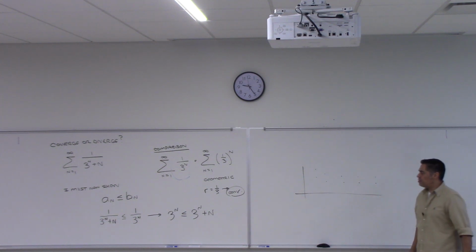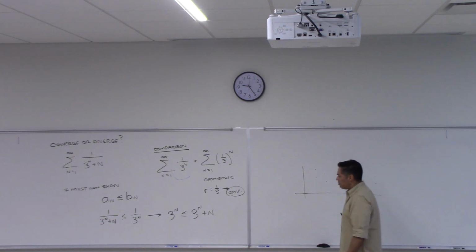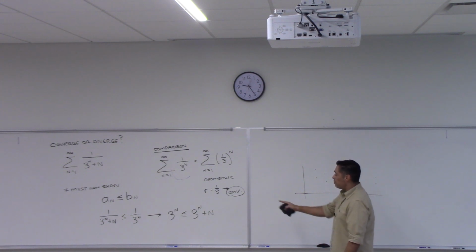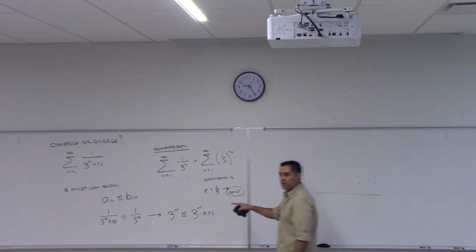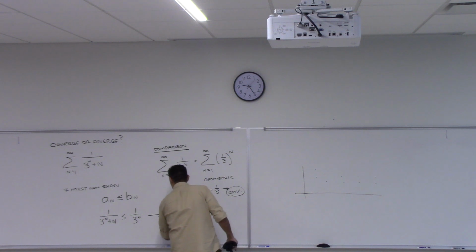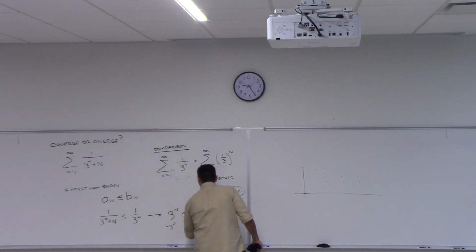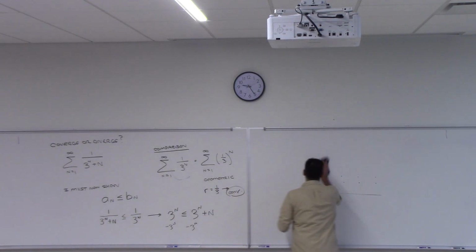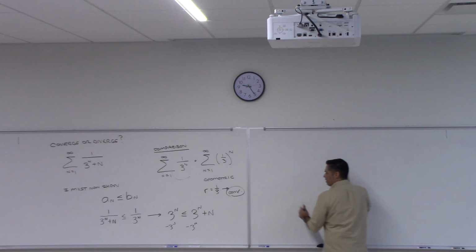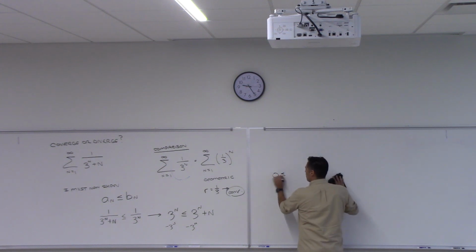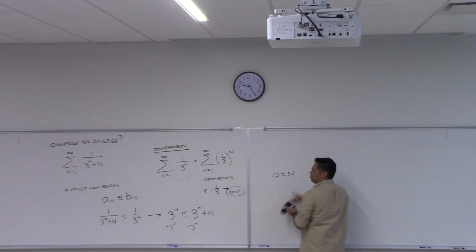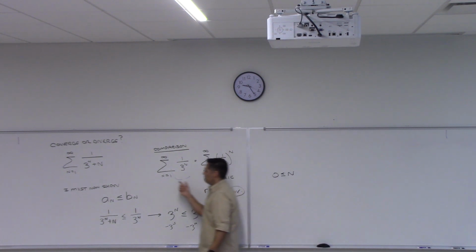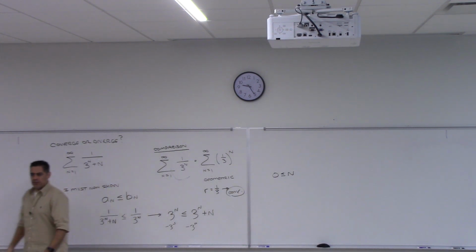So I can cross multiply. Is that true? Yeah, you could subtract 3 to the n on both sides, couldn't you? Subtract 3 to the n. And you would get, I think nobody would argue with this, 0 is less than or equal to what? n? That's true because where does our n start? At 1. Okay, so that's true. So we're done.